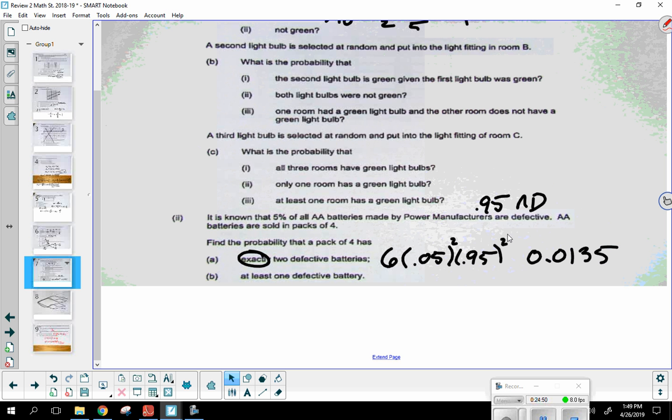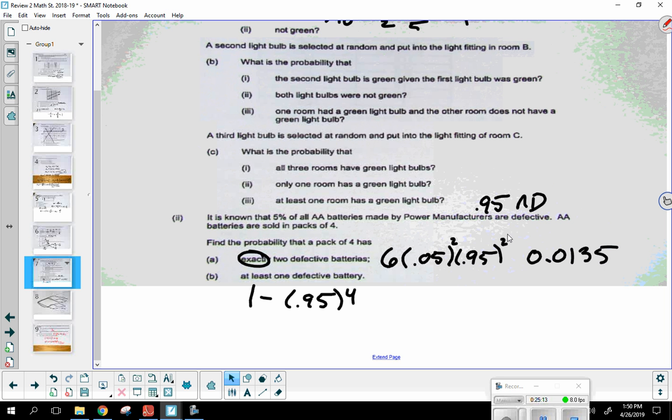So anybody tell me what they did on this one? 1 minus 0.95. That's exactly what I did. 1 minus 0.95 to the 4th. Because what does 0.95 to the fourth represent? Four batteries. All four are not defective. So there's only that one single branch in the entire tree.